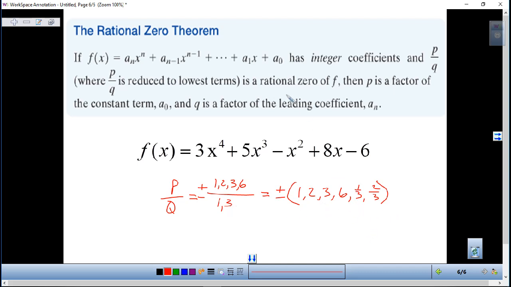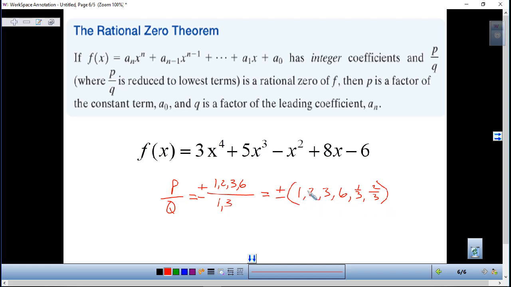So, any rational zero that we have, in other words, any factor that is a zero of this thing, that's a rational number, has to be in this list right here. Must be. It has to be. So if there is a zero that is a real rational number, it's in this list right here.